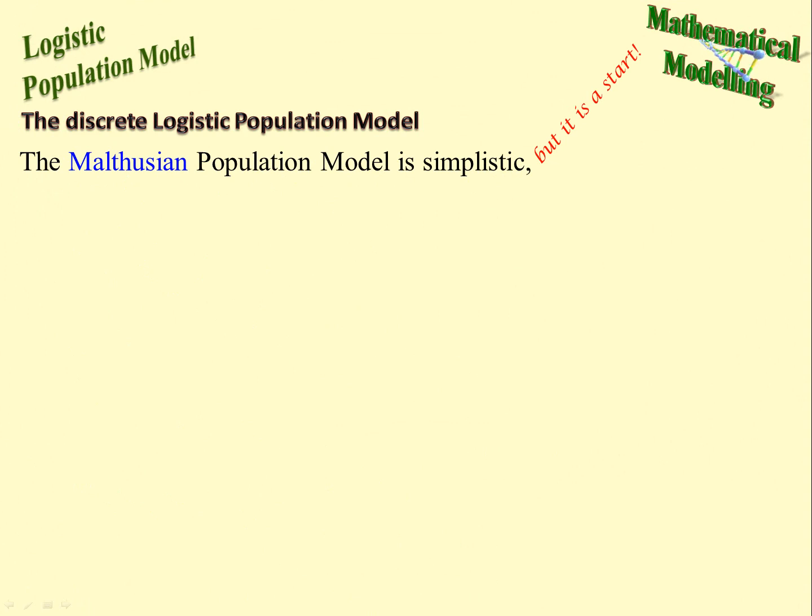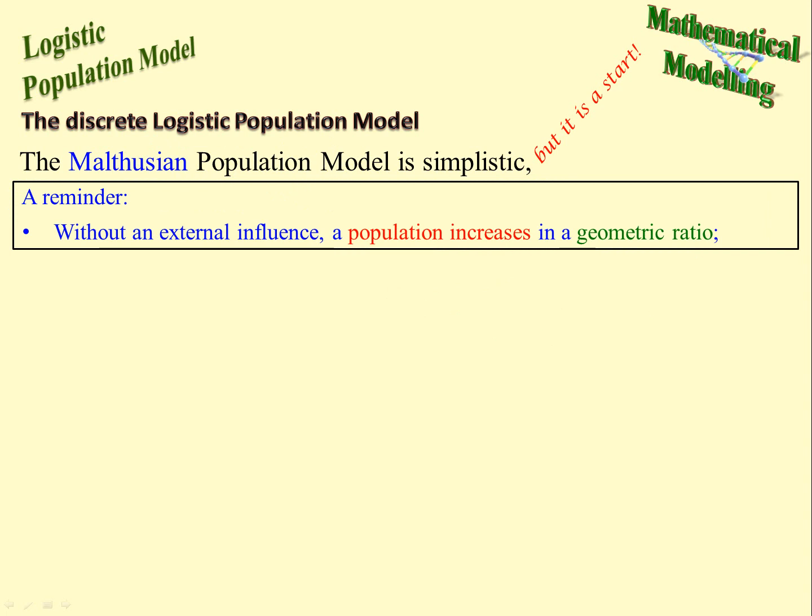The Malthusian is simplistic, but it is a start. Modeling has to work in theory, and they go from simple to rather complex models which can only be handled by computers. A reminder about the Malthusian model.